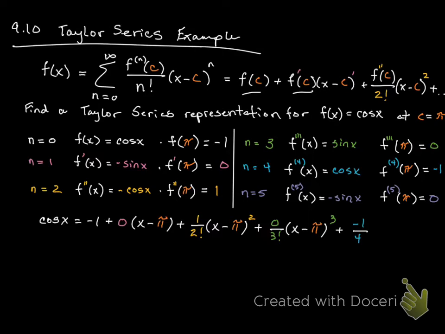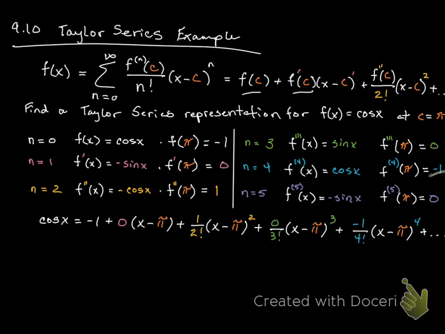And again, that comes from this minus 1 here. And I have then divided by 4 factorial x minus pi to the fourth, plus so on and so forth. I don't have room for that fifth term there, but I think you get the idea. That would just be 0 anyway.